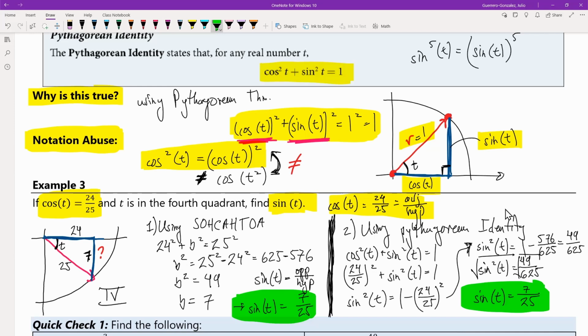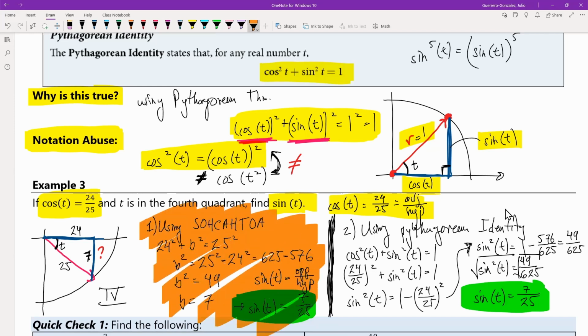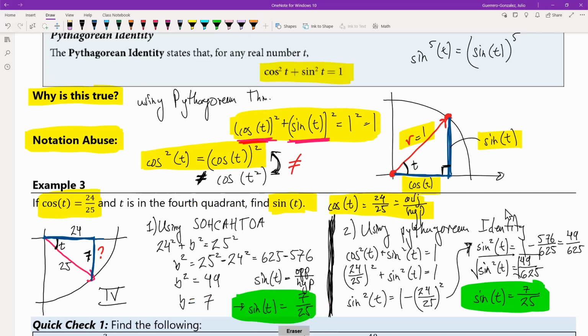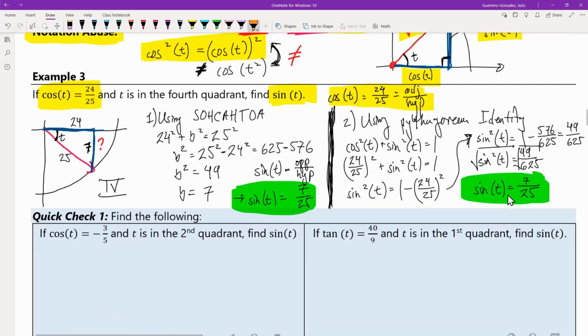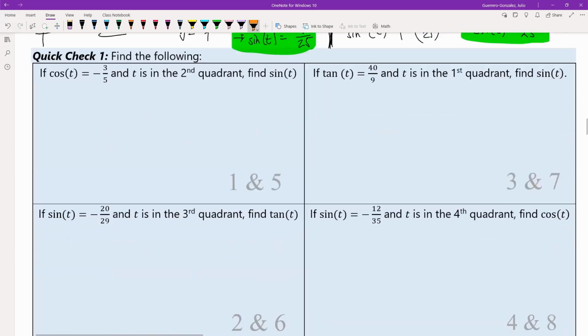And I would say this one's the way to go. It's easy. It's two steps, but they're easy steps. Got it? So, quick checks.